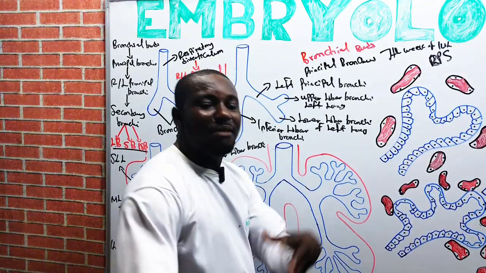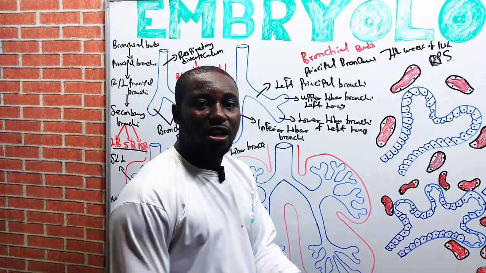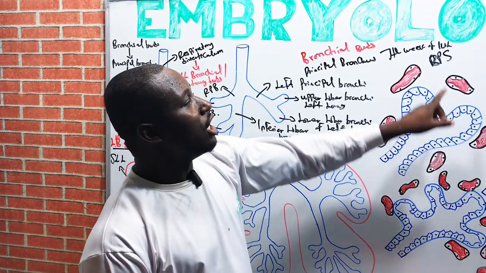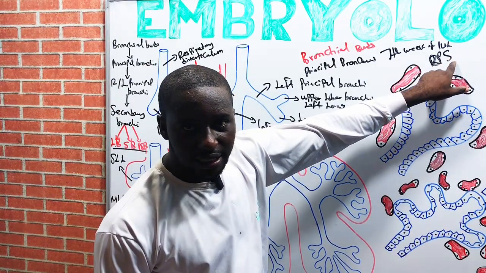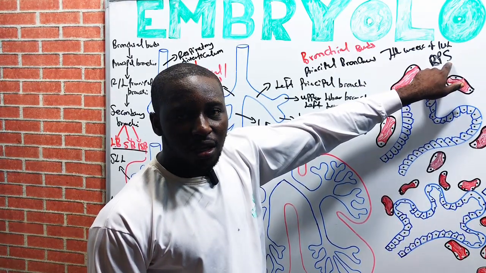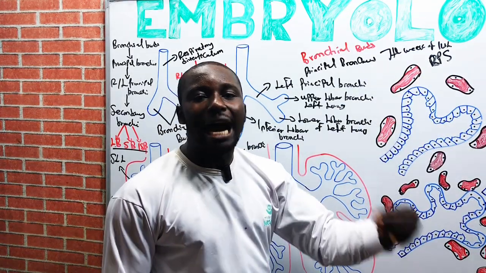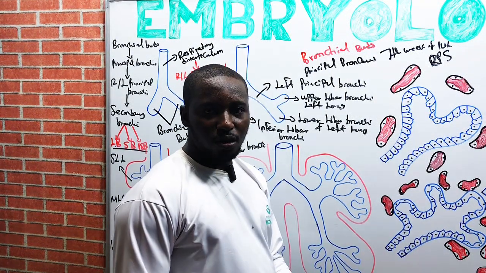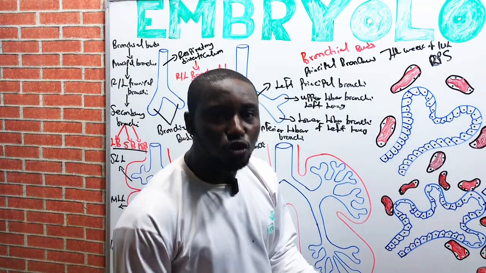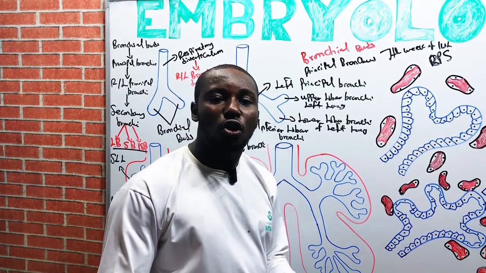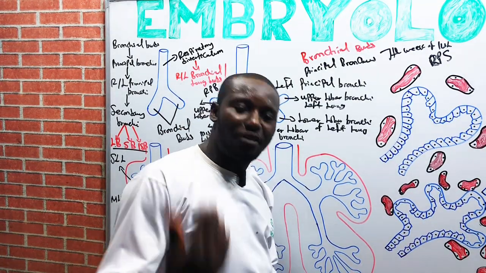From there, the masses that surround the segmental bronchi form the bronchopulmonary segment. Now, this structure, BPS, then forms the distal part of the bronchial tree, which constitutes the bronchiolus, the respiratory bronchiolus, and also the alveolar duct and alveoli.